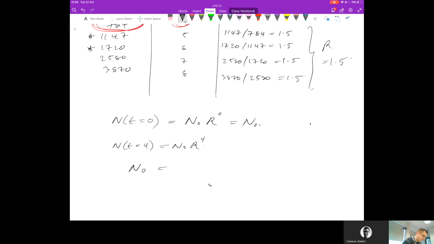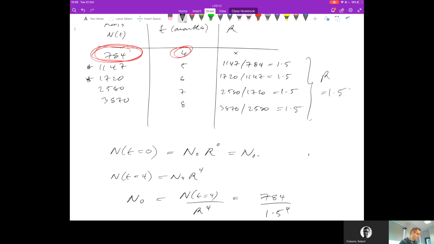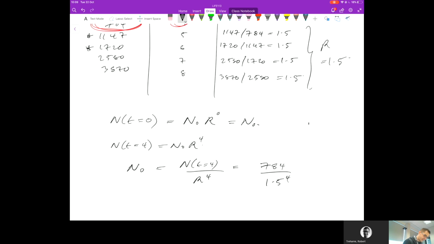N naught is simply the ratio of N at t equals 4 divided by R to the 4, which in this case is 784 divided by 1.5 to the power 4. Have I done that right? Oh, I think I've made a mistake here for a start. This was a 6. Sorry, folks. Which means that this is a 6.